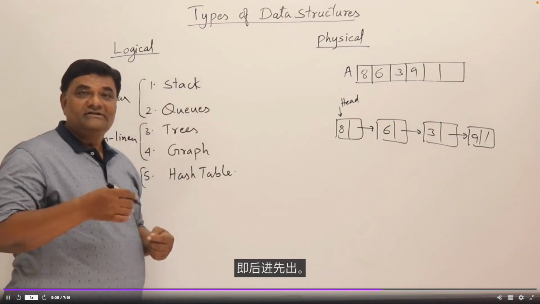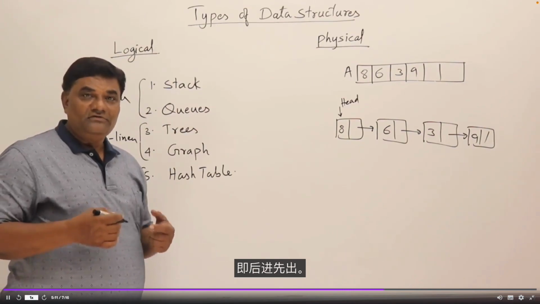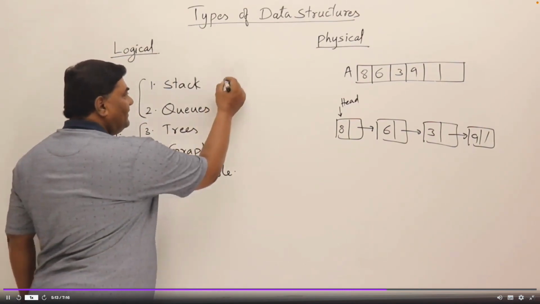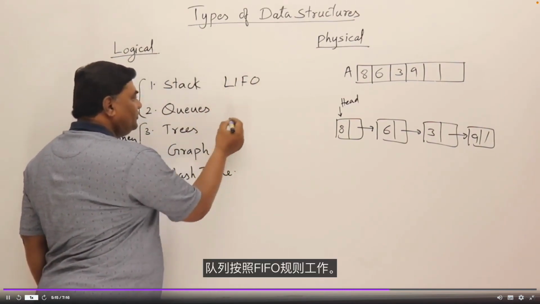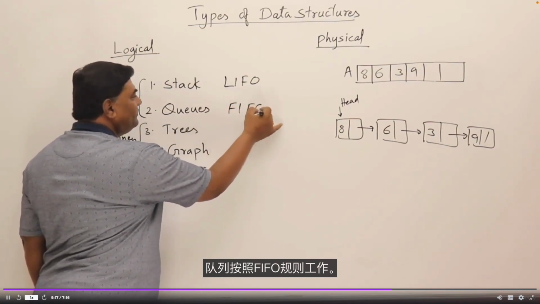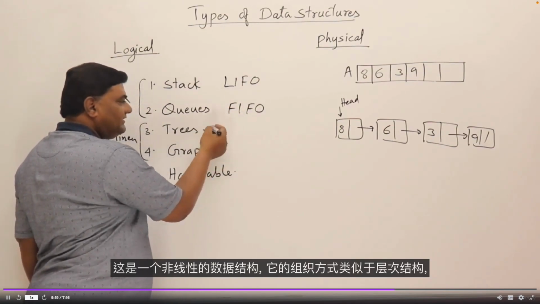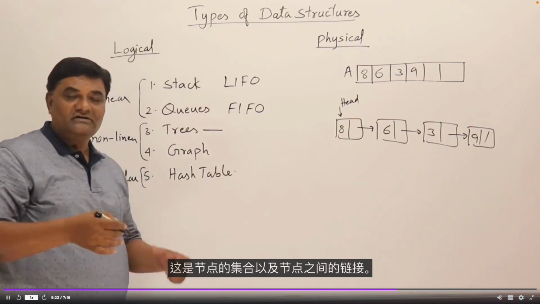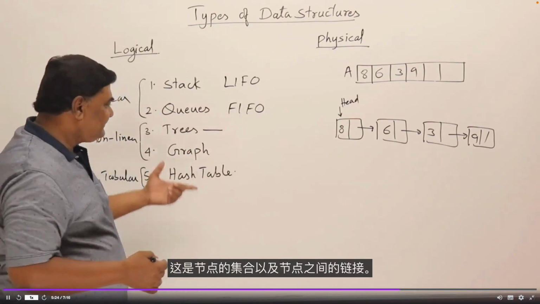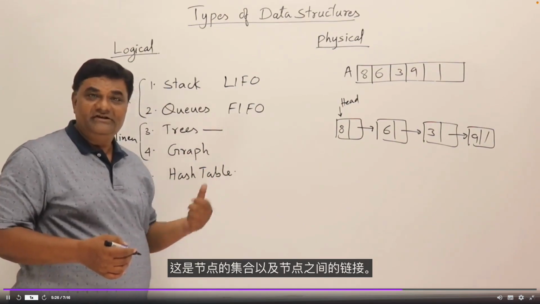Stack works on the discipline that is LIFO, last in first out. Queue works on the discipline that is FIFO, and tree is a non-linear data structure. This will be organized like a hierarchy, and it is a collection of nodes and the links between the nodes.